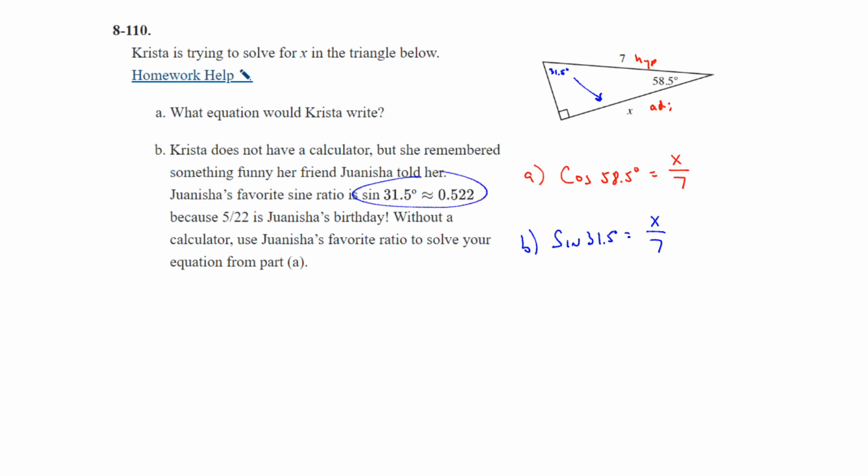But since we know what Juanisha's favorite ratio is, we can replace that with 0.522 is equal to x over 7, and then multiply that by 7, and we should be able to get an approximation for what x is. So 0.522 times 7 is approximately 3.654. So we were able to use Juanisha's favorite sine ratio to figure out what x is without the calculator.